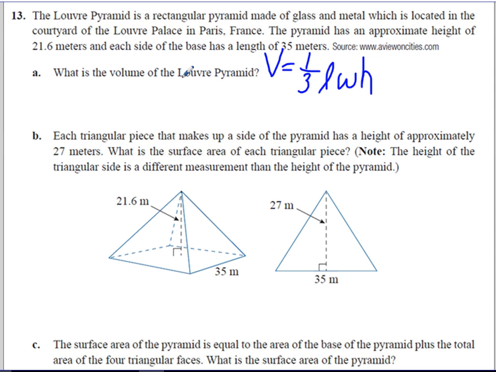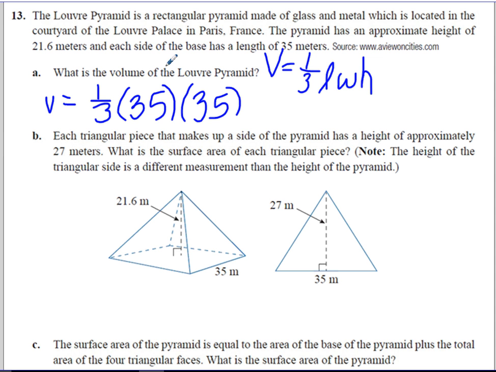And so we will do 1/3 times the length of 35 times the width of 35, because it says each side of the base, so it actually is a square down there.